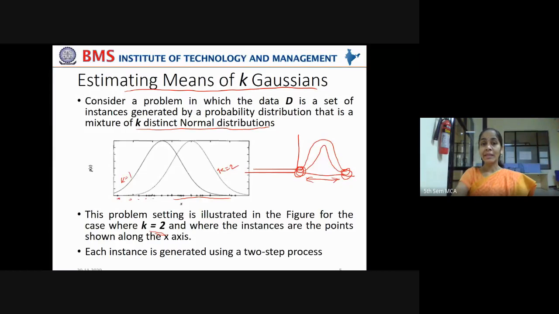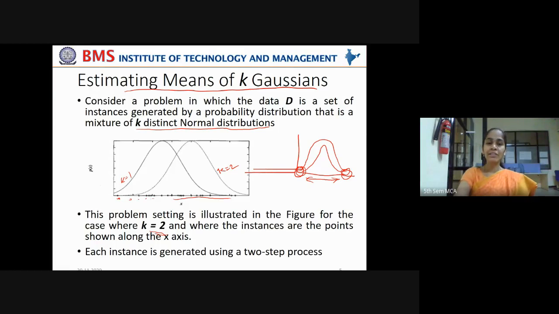But they are found to have two types of normal distributions, and we don't know from which distribution they are actually coming. Some of them are following this distribution and some of them are following this distribution. So which distribution has the maximum likelihood of occurring in association with these training examples?